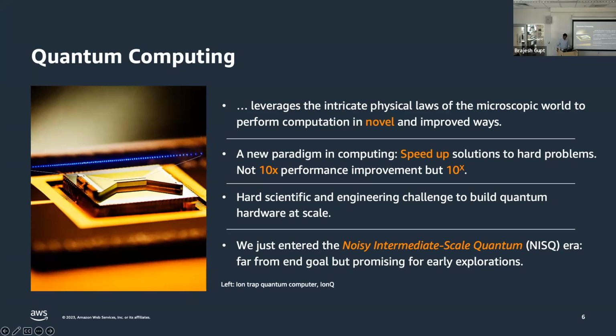And the idea is that quantum computing can solve problems which are extremely difficult for classical computers to solve, because of quantum computing being able to encode and process information in a completely different way.